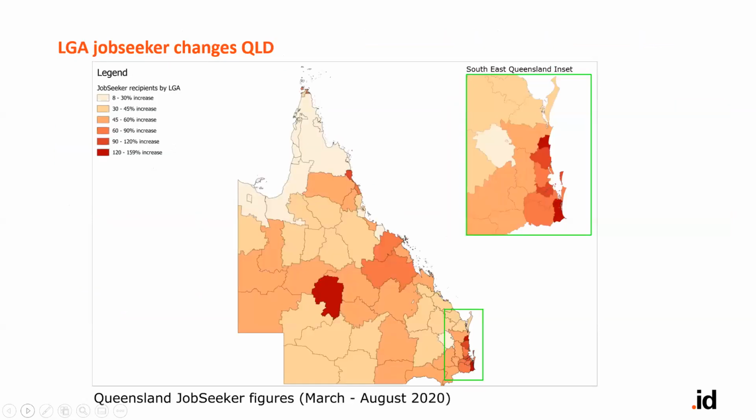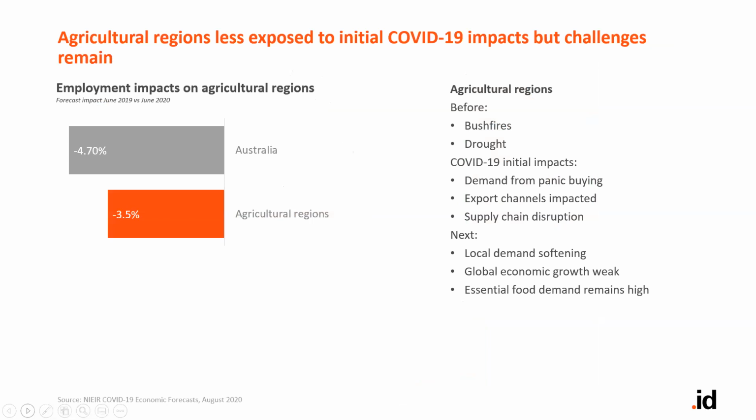This is our JobSeeker changes broken down by local government area in Queensland only, and we can see Douglas Shire up there in the north. We've got Noosa has had a significant change, Sunshine Coast, Gold Coast right down there on the border. We've even got Longreach and Winton out there in the centre. So we can see where those areas are that have been heavily hit by this crisis in terms of jobs.